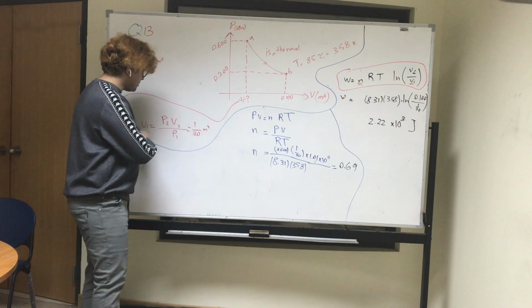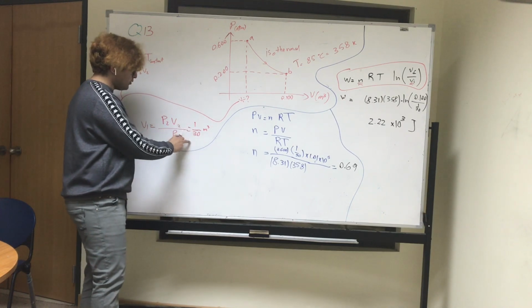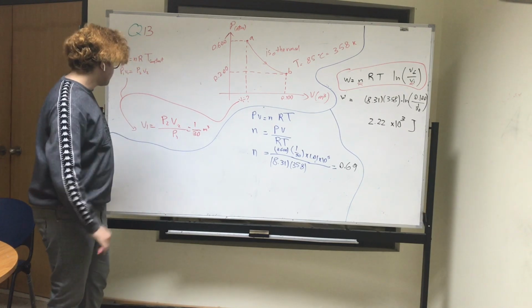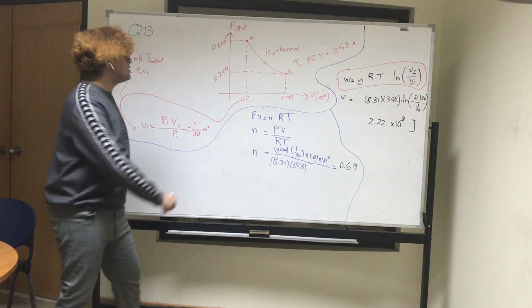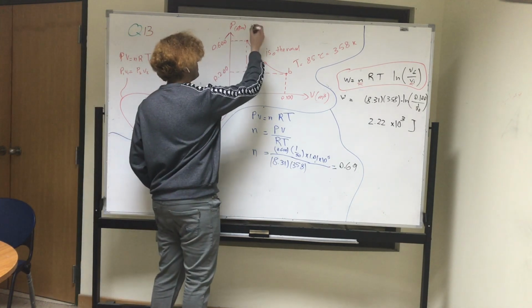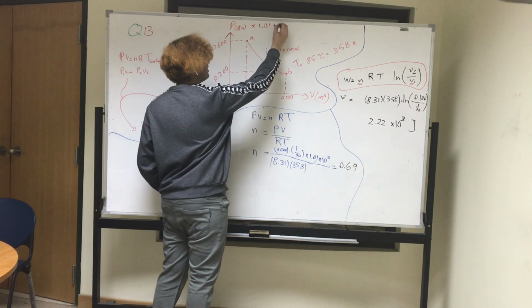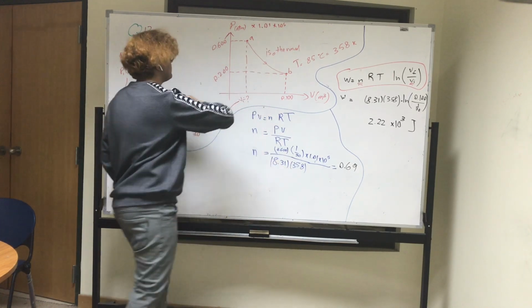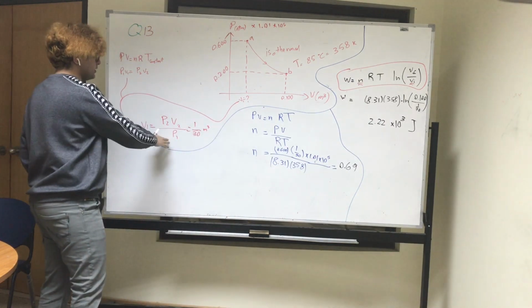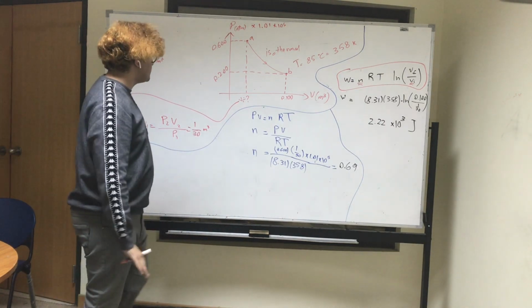And if we plug our numbers in, we're going to have 1/30 meters cubed. You need to pay attention that the unit here is atmospheric pressure, so just multiply by 1.01 times 10 to the 5th before you plug your numbers into your equation.